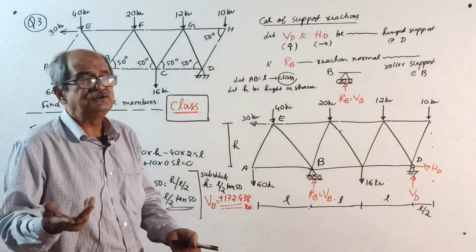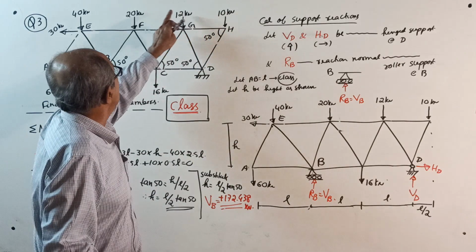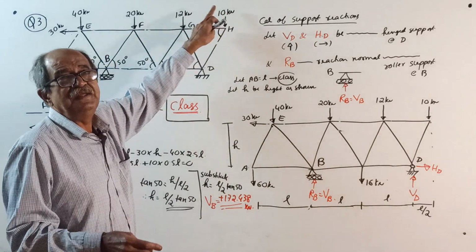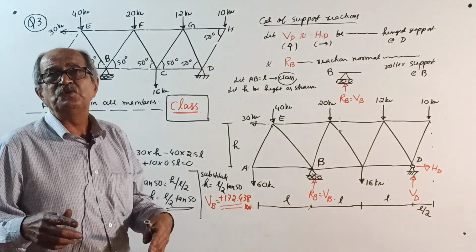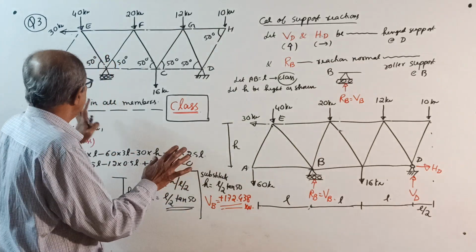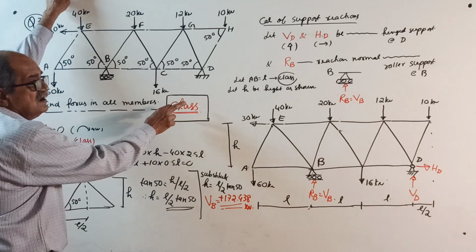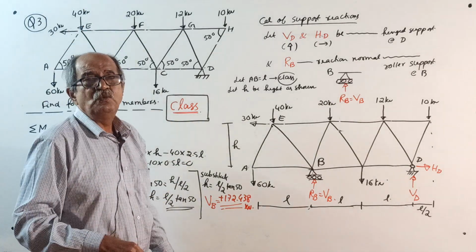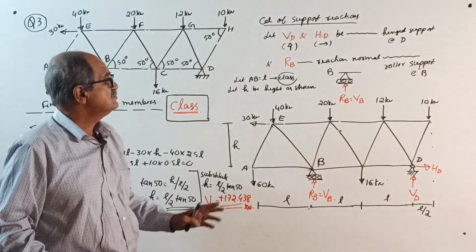Later I will solve more questions where instead of numerical values, I will give 2P, 3P, 4P like that, or 2W, 3W like that. That will be solved later. So this is the time when you have to be serious and solve.